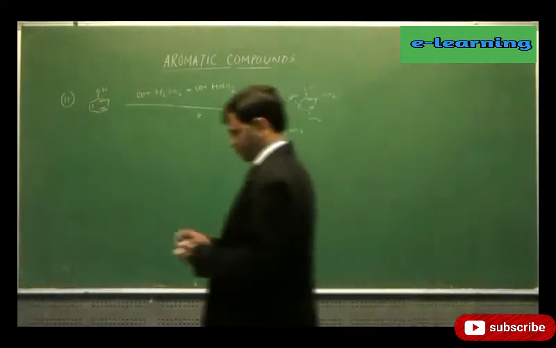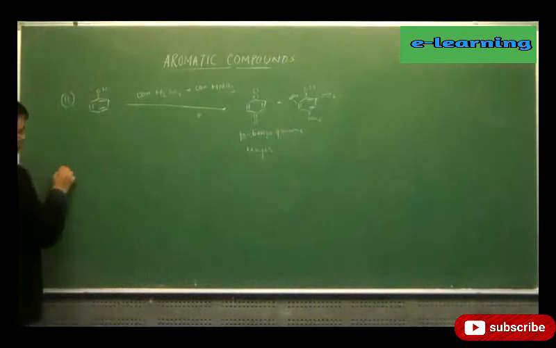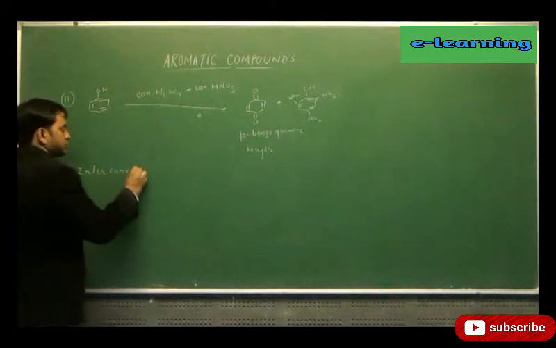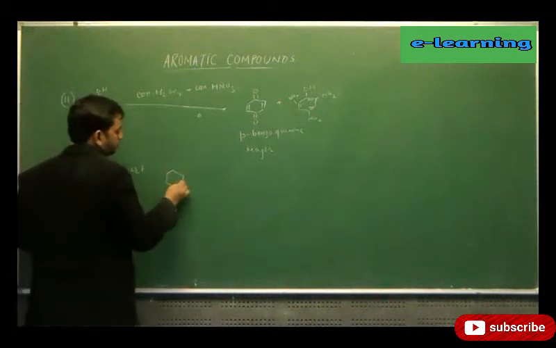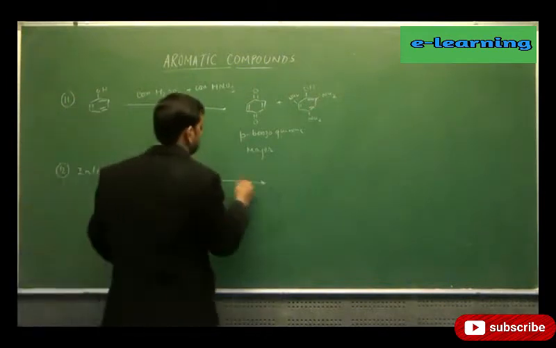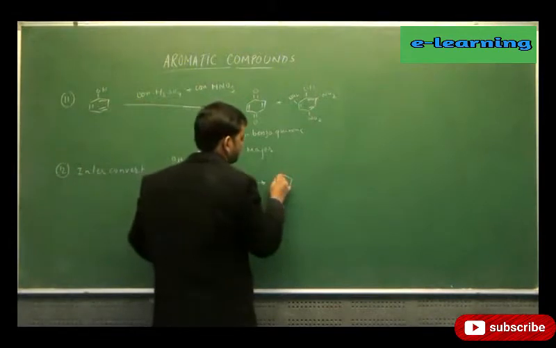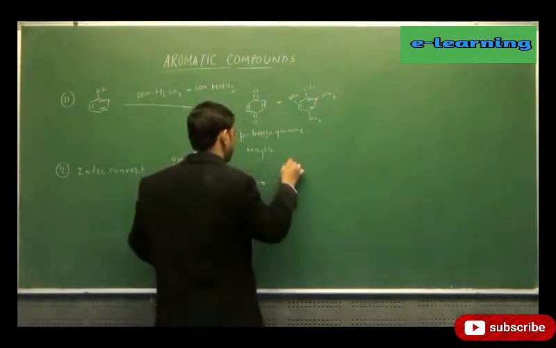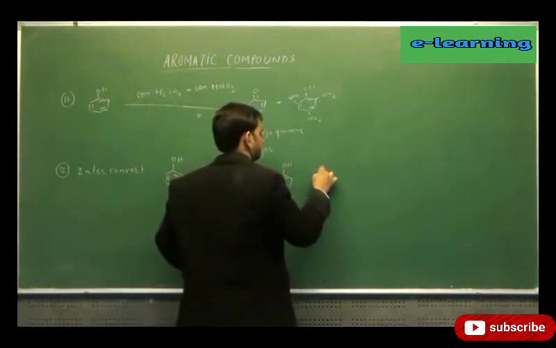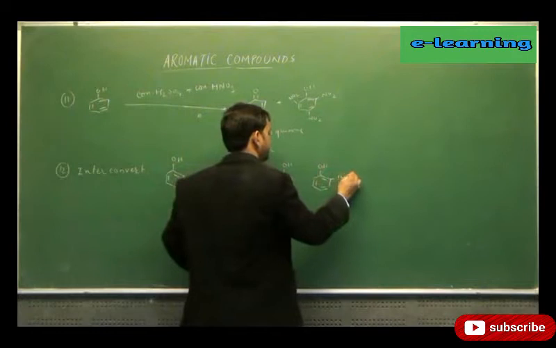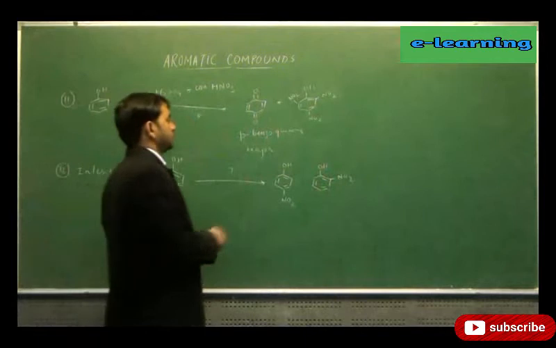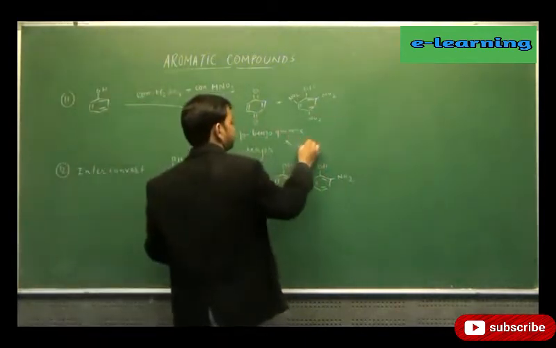If we want this as a major, interconvert phenol to orthonitrophenol or paranitrophenol. What to do? This is our target. If it is direct nitration, it gives the oxidizing product. This is the oxidation product.